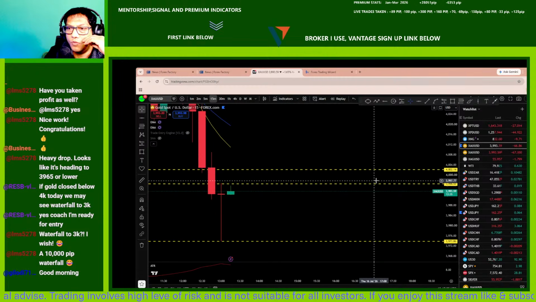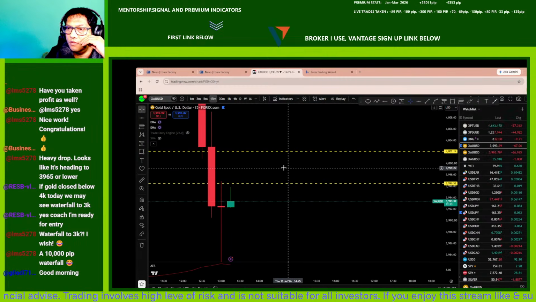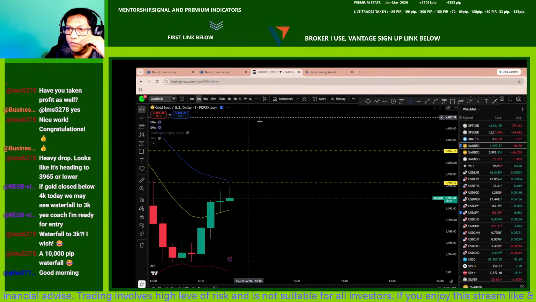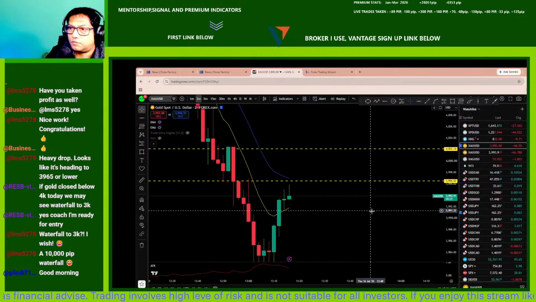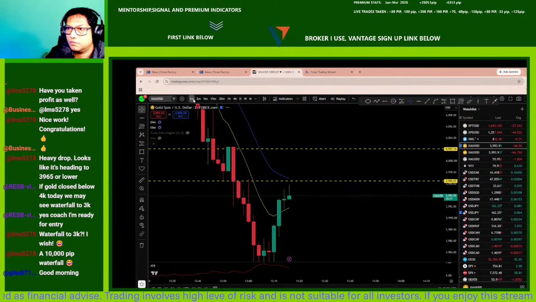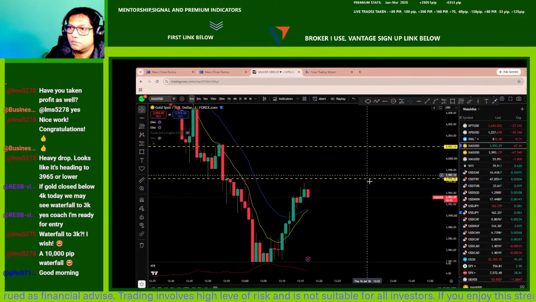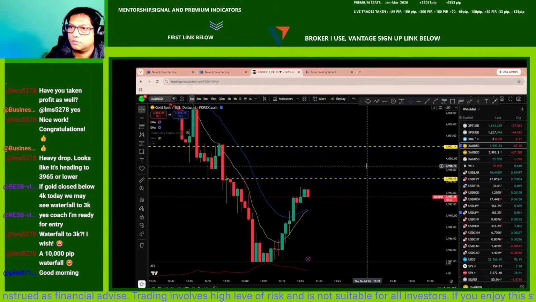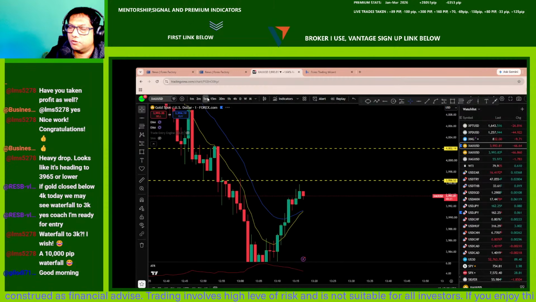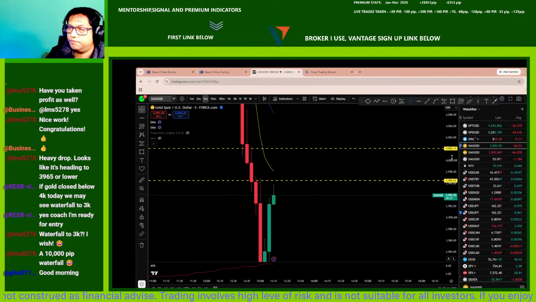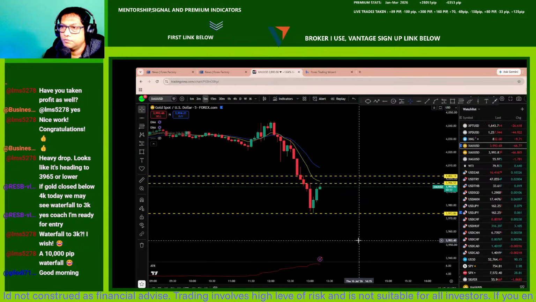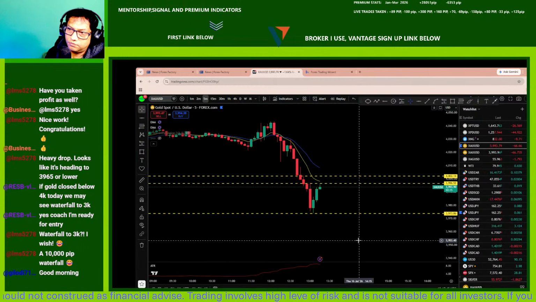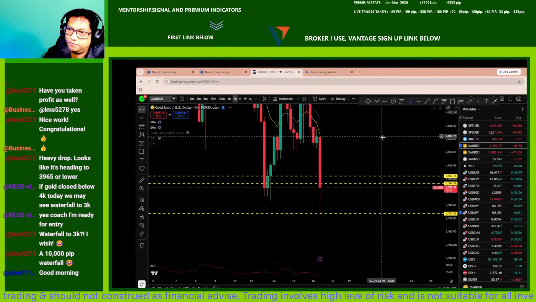So here with this resistance line, still not a good time for entry. You can see this one might be going a little higher.